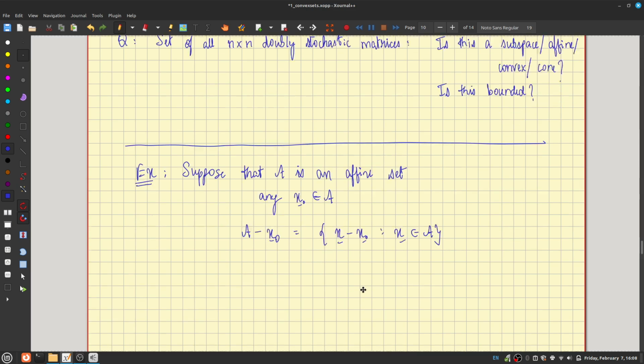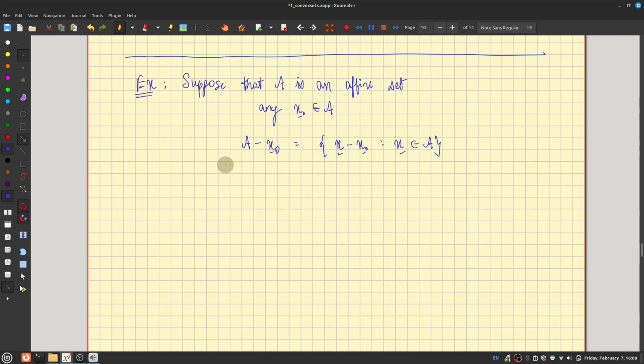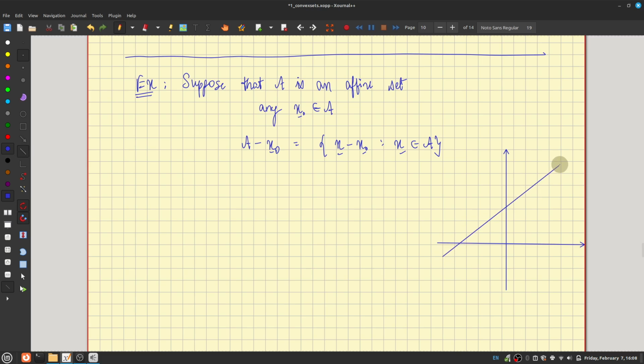Let's think about it visually in two dimensions. Suppose my affine set is some straight line that doesn't pass through the origin, and you take any point on this straight line.